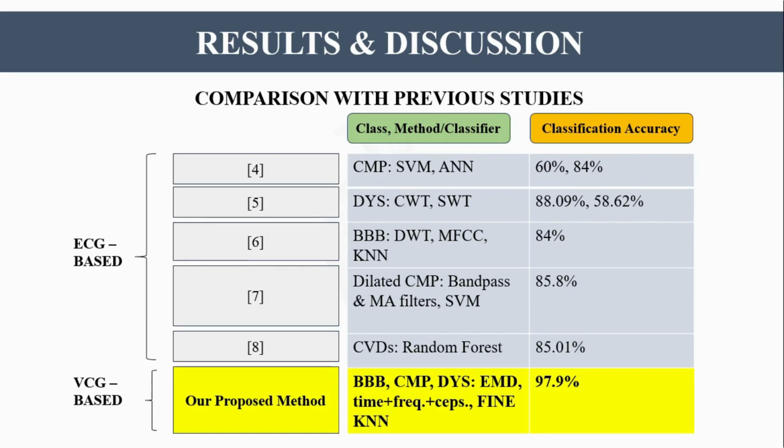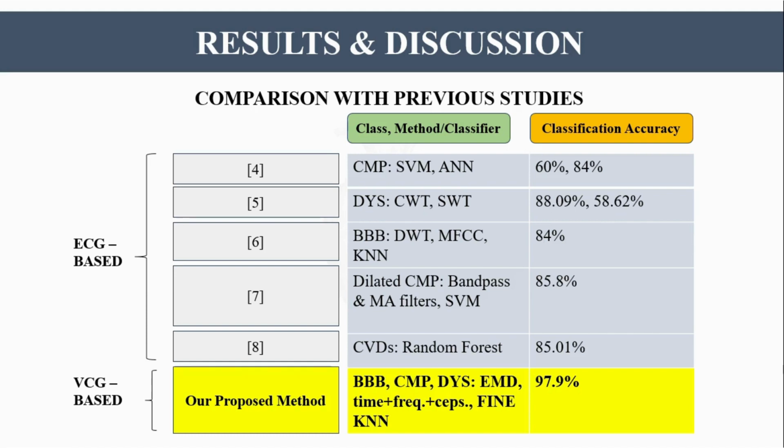Next is comparison with the previous studies. The following table represents a comparison of ECG and VCG based classification methods. Our work is VCG based, and we have made a comparison of our work with the ECG based models.